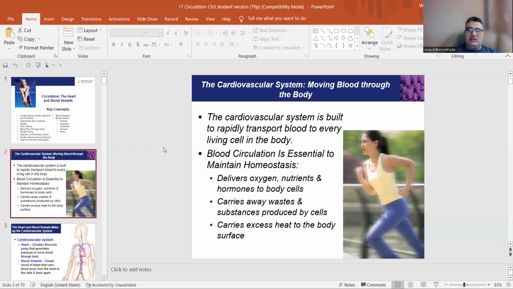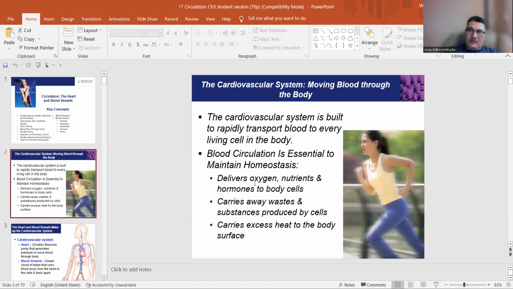So which homeostasis are we talking about here? Not everything, of course. Homeostasis of oxygen, carbon dioxide, and nutrients. You deliver oxygen and nutrients in the blood, and hormones and others. So it's a carrier, delivering to the cells. I like to say this is the good stuff.